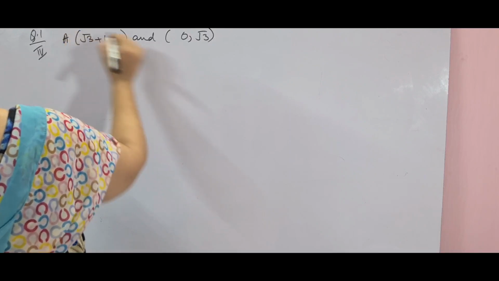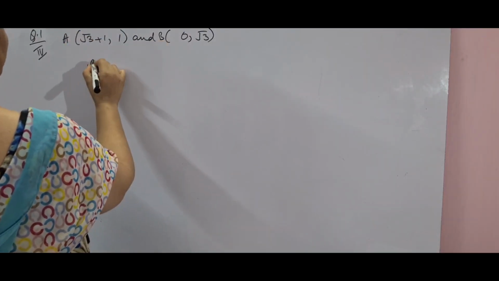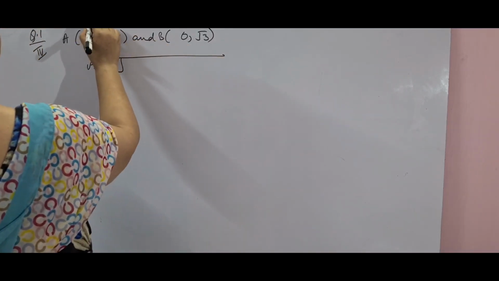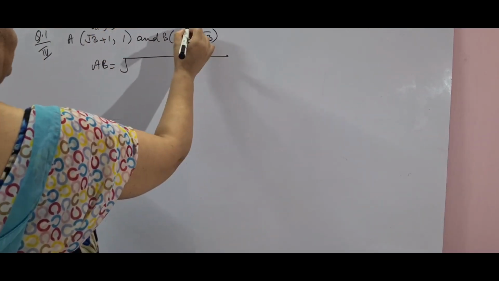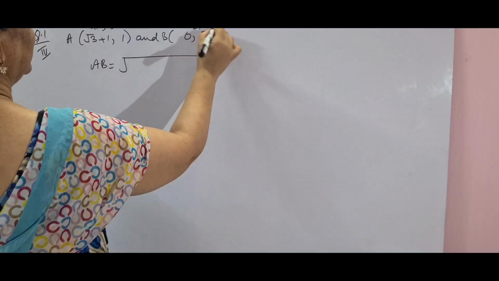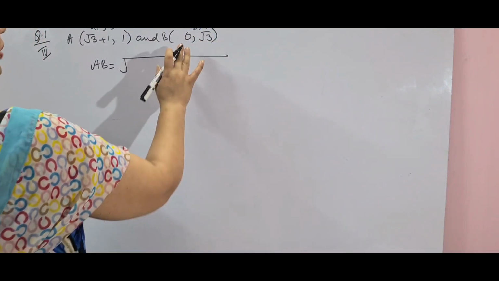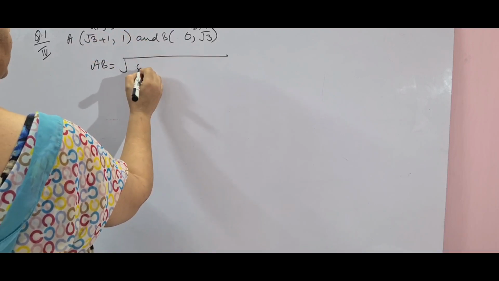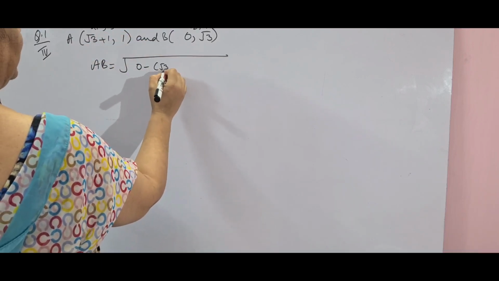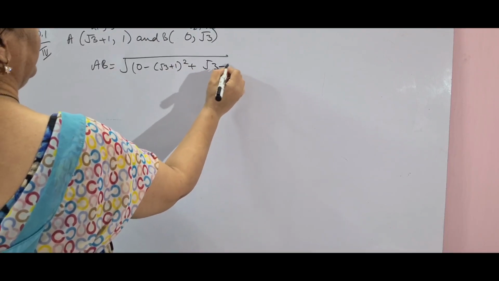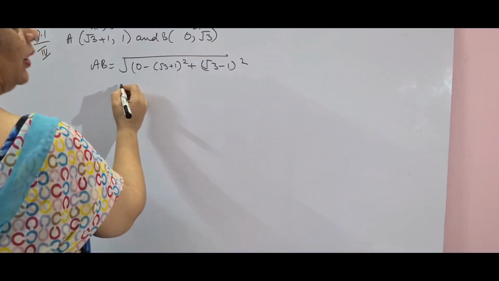Let the points be A and B, and I have to find the distance between AB. So using the distance formula, in the beginning you just name them x1 y1 and x2 y2. Once you memorize it nicely, then there is no need to put it. The formula is x2 minus x1, so 0 minus root 3 plus 1 whole square, plus root 3 minus 1 whole square.